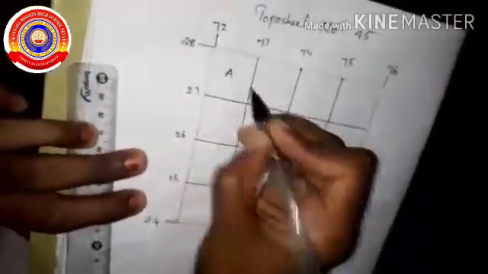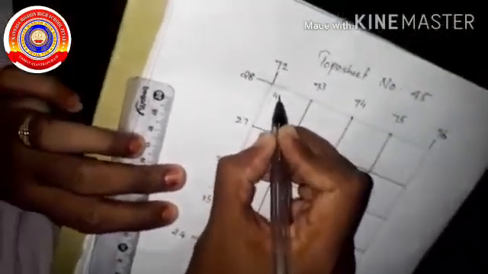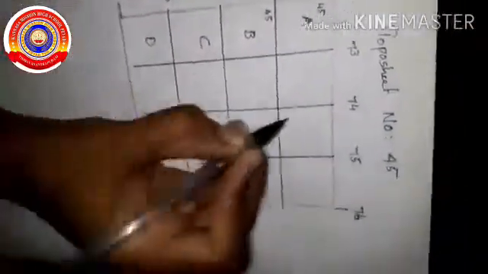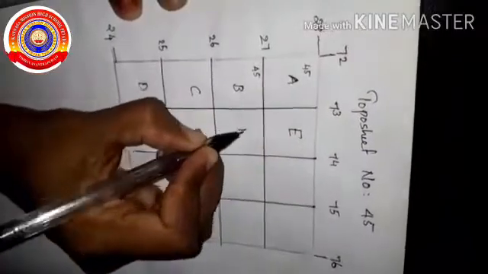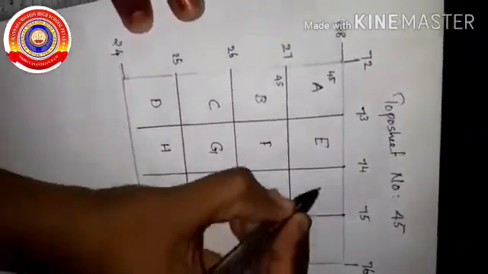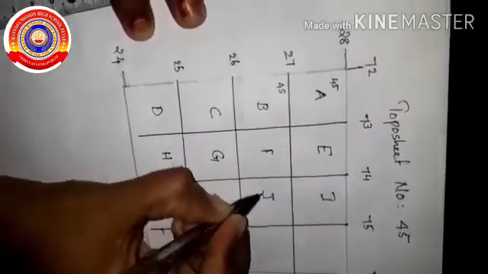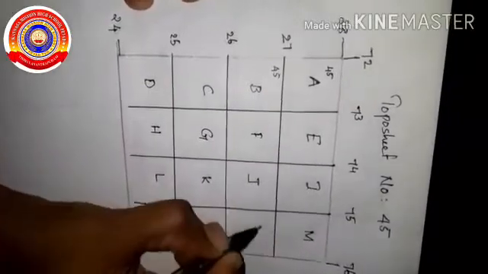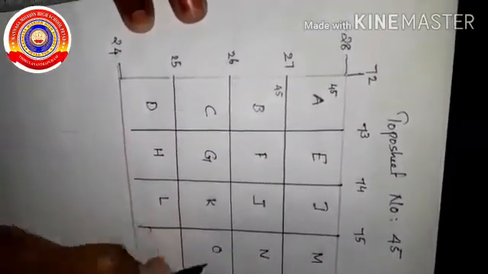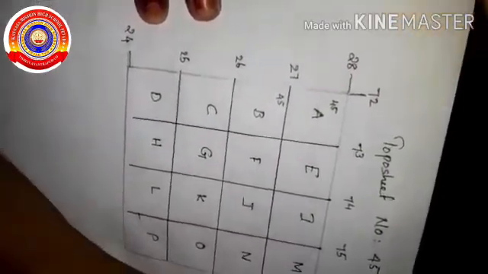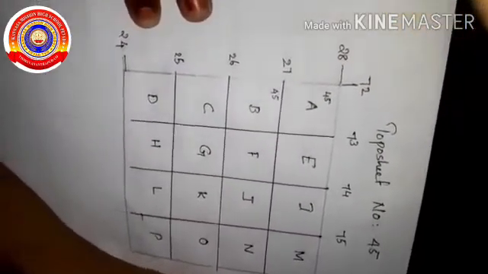After writing alphabetical order, it can be read as 45A, 45B, 45C, 45D, 45E, 45F, 45G, 45H, 45I, 45J, 45K, 45L, 45M, 45N, 45O and 45P.